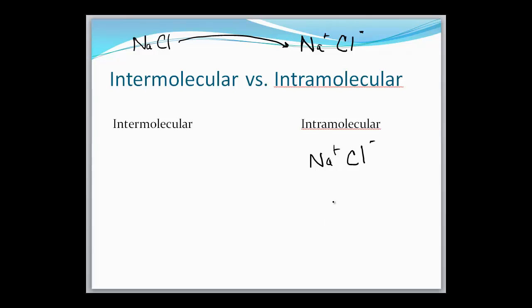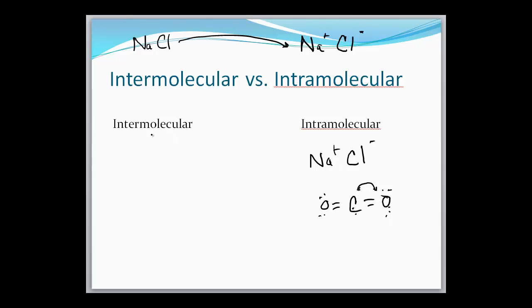If you were talking about a covalent compound, say carbon dioxide, double bond, lone pairs, the intramolecular force is the strength of the bond between the carbon and the oxygen, or for that matter, the carbon and this oxygen.